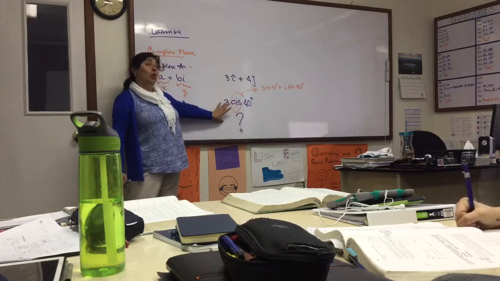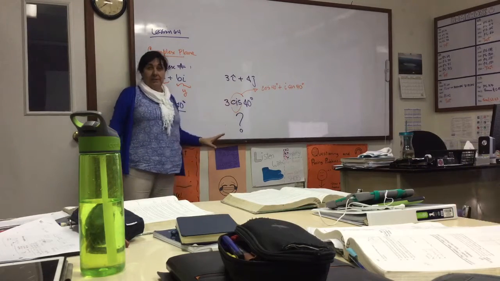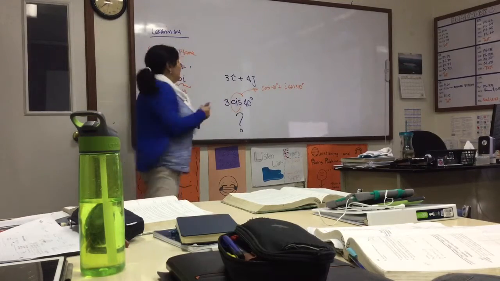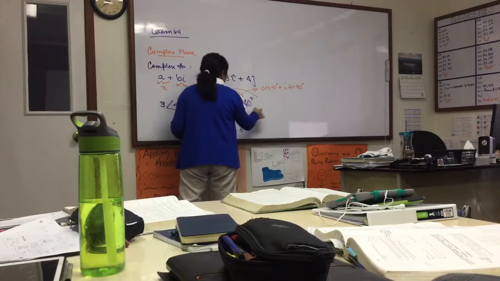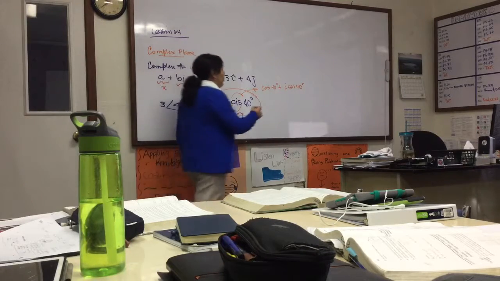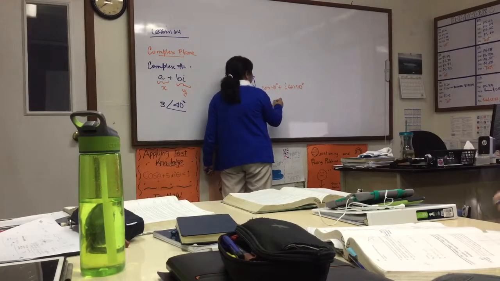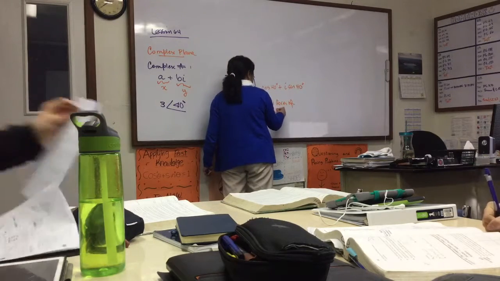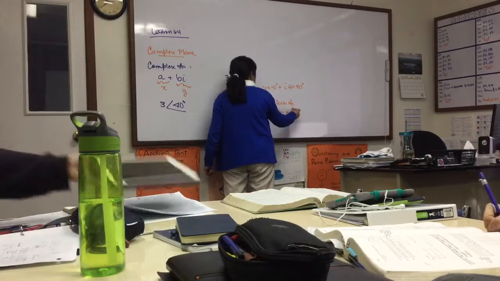So this is like the polar coordinates of complex numbers. Does that make sense? This is the polar form of complex numbers. Okay? Does that make sense?